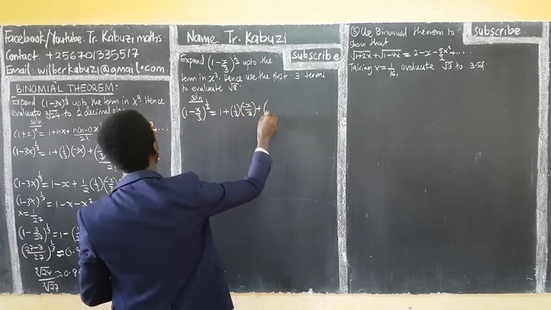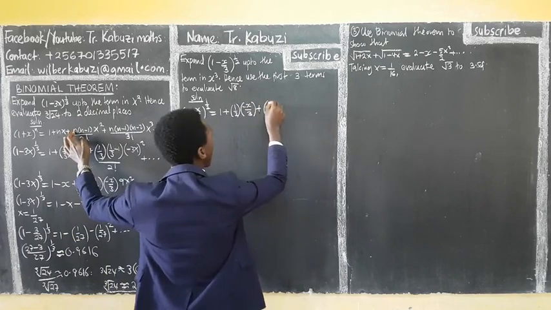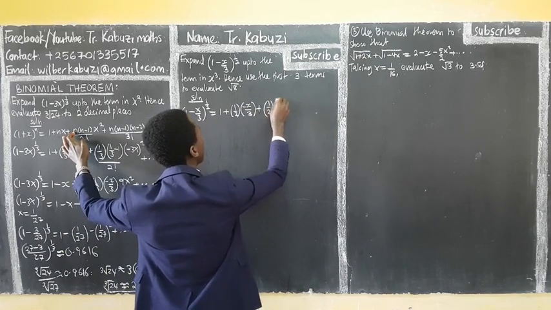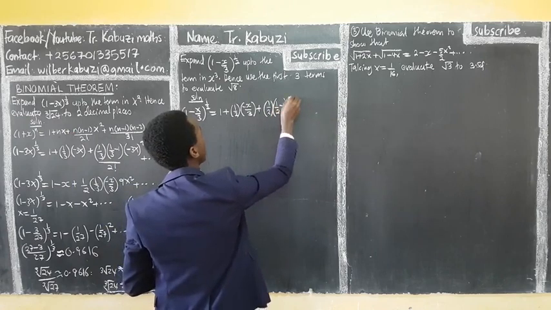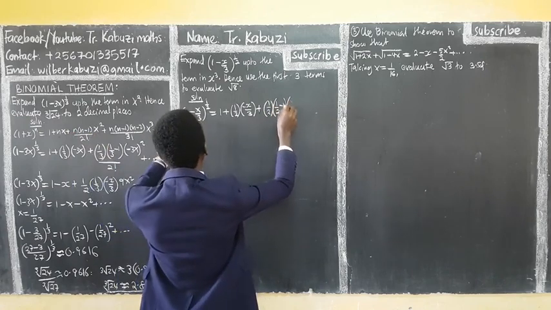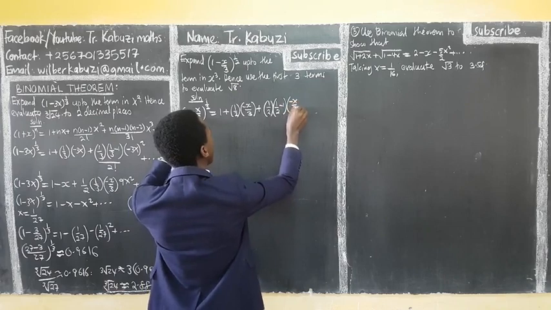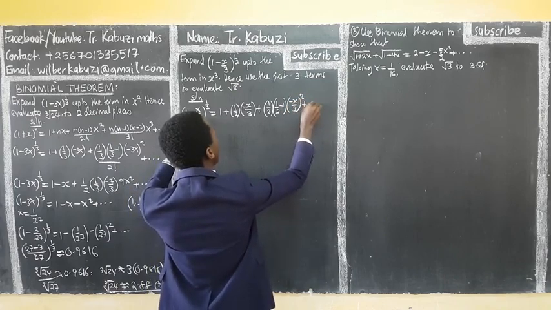Then plus n, we are putting in this formula, n is a half into a half minus 1, then x, our x is negative x over 3, the whole squared, plus other terms.